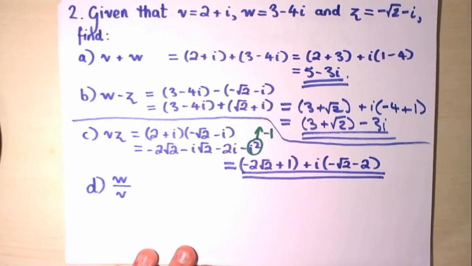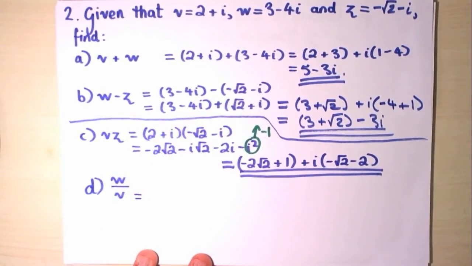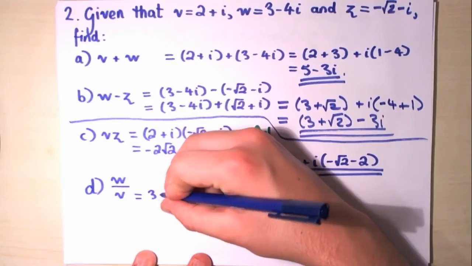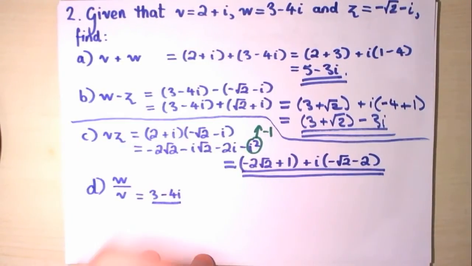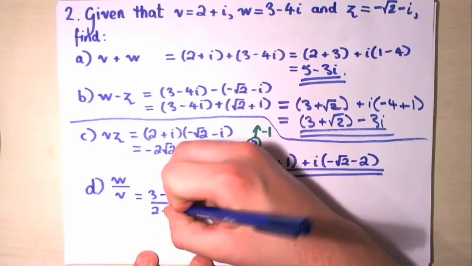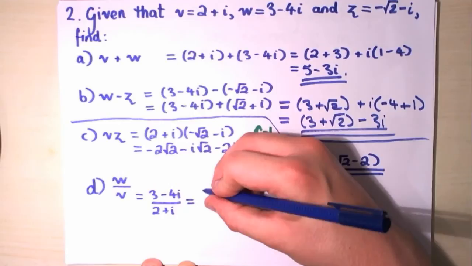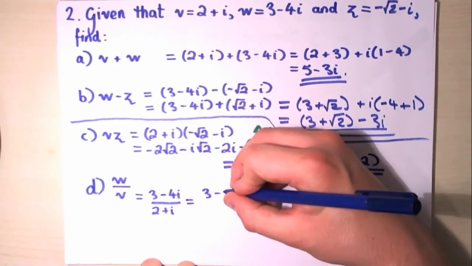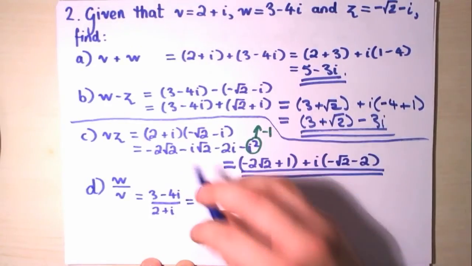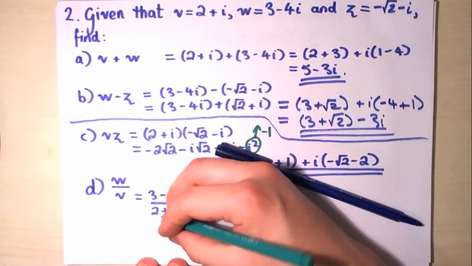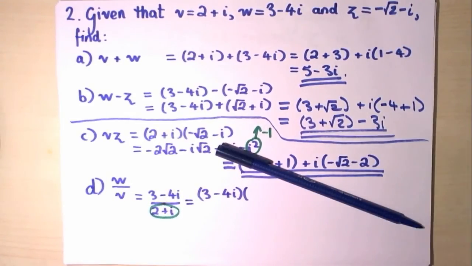Okay, then now w over v, dividing w by v. We just write out the quotient, 3 minus 4i divided by 2 plus i, and then what we have to do is multiply the numerator and the denominator of this fraction by the conjugate of 2 plus i.